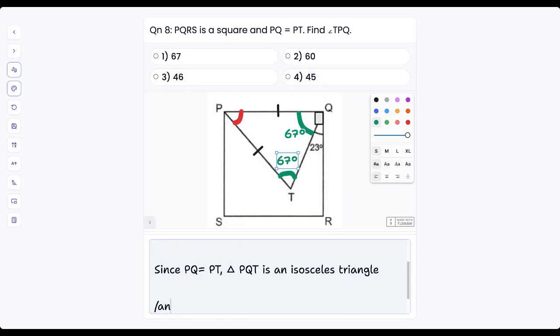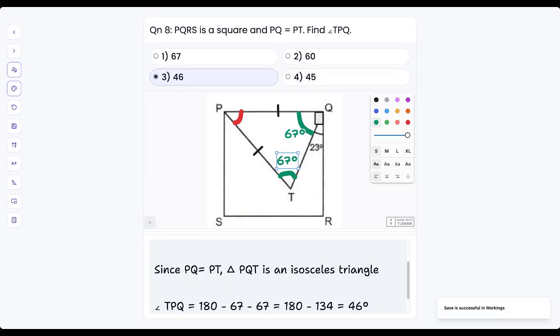So in order for us to get angle TPQ, this is basically 180 minus 67 times 2, which is 134... which is equal to 46 degrees. So in this case, it's option number 3. All right, that's it. Let's move on to the next question.